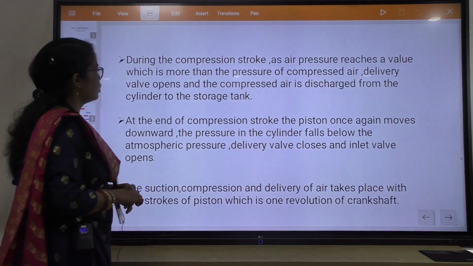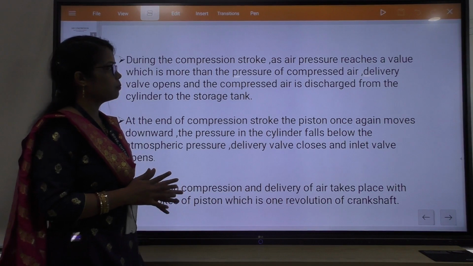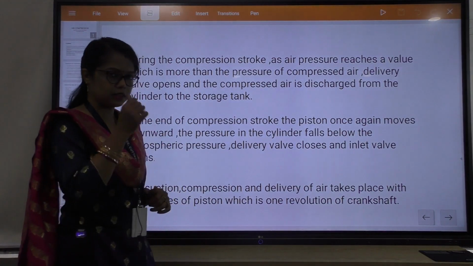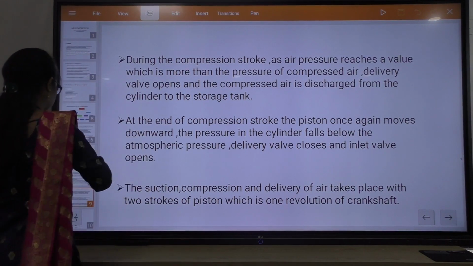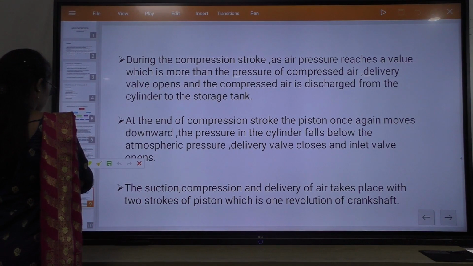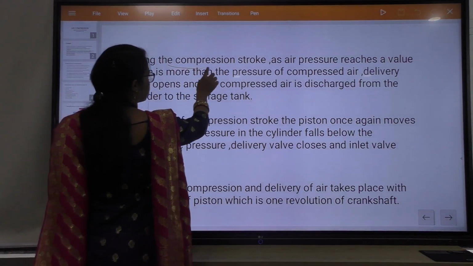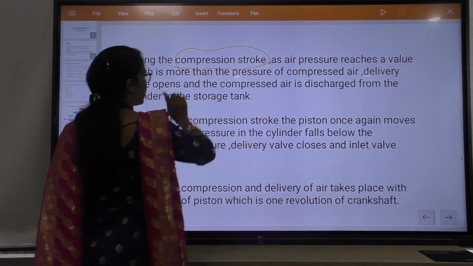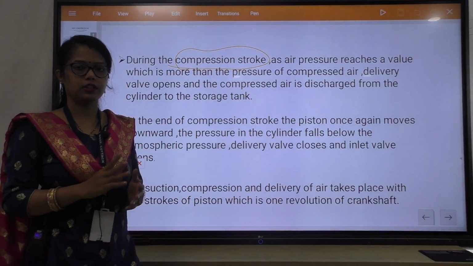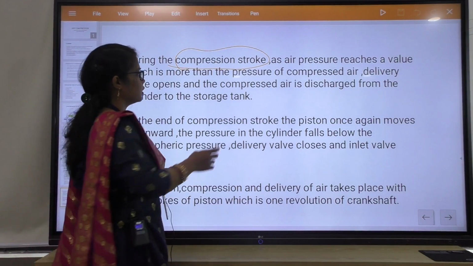And during the compression stroke, as the air pressure reaches a value which is more than the pressure of the compressed air, the delivery valve opens. This is most important, try to understand. During that particular stroke, there are three types of processes here: suction, compression and delivery discharge.